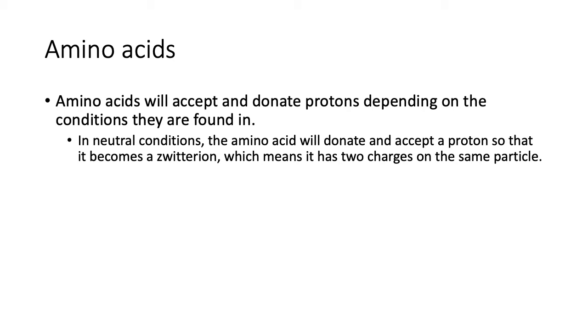So what does that mean? Here's my particle with my carboxylic acid on one end and my amine on the other end, and my R group over here and an extra H there just to make sure that it's right. It's going to become a zwitterion, which means it gains an extra hydrogen here, making a positive charge on that end, and it loses that hydrogen there with a negative charge there.